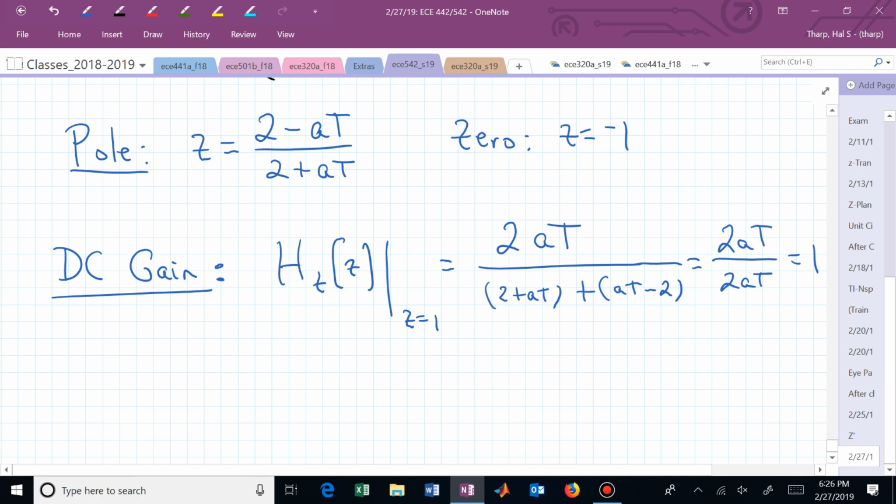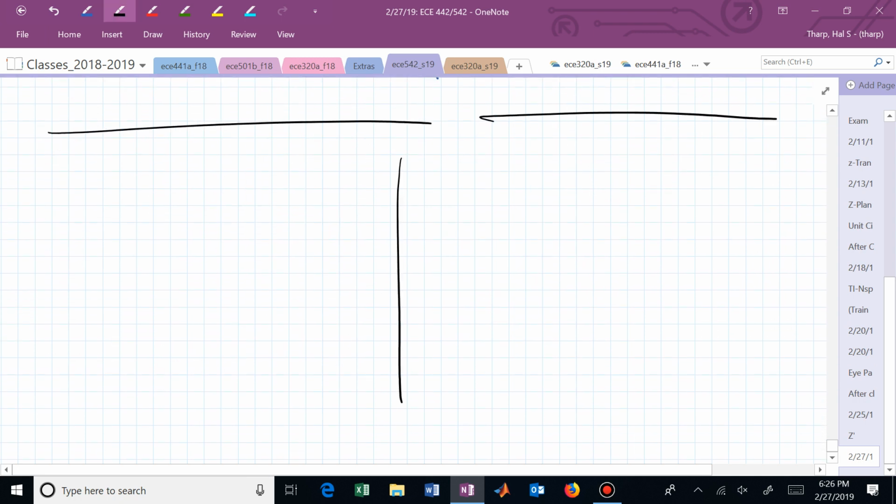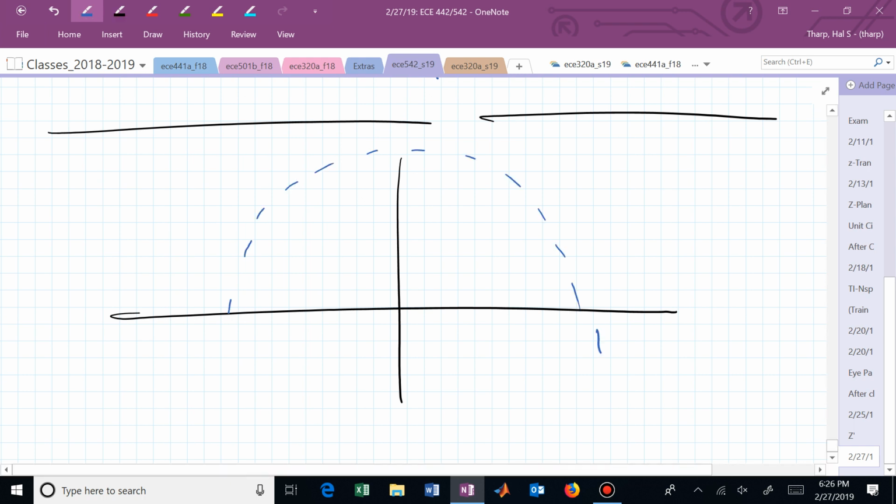Now I mentioned something about speed or fast pole. What if we look at the following? Here's our z-plane, and I've now tried to superimpose on that the upper half of the unit circle. And suppose I put a couple of poles.